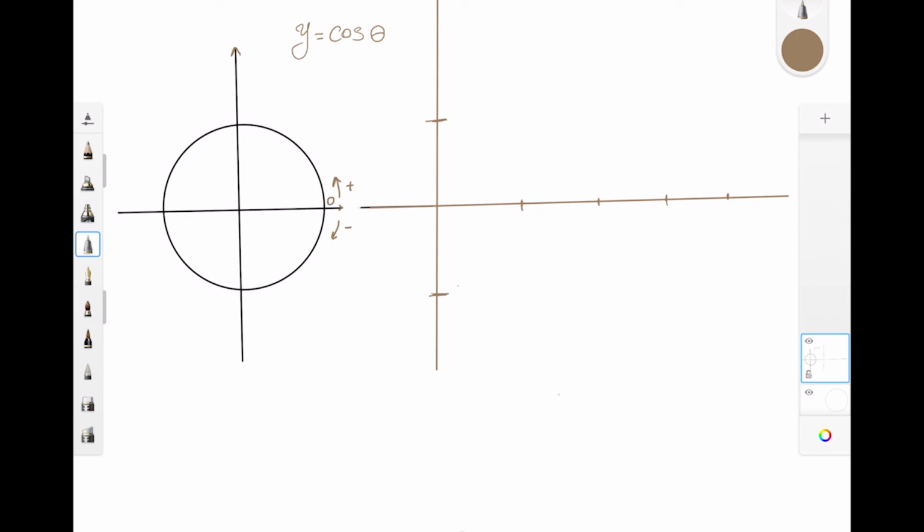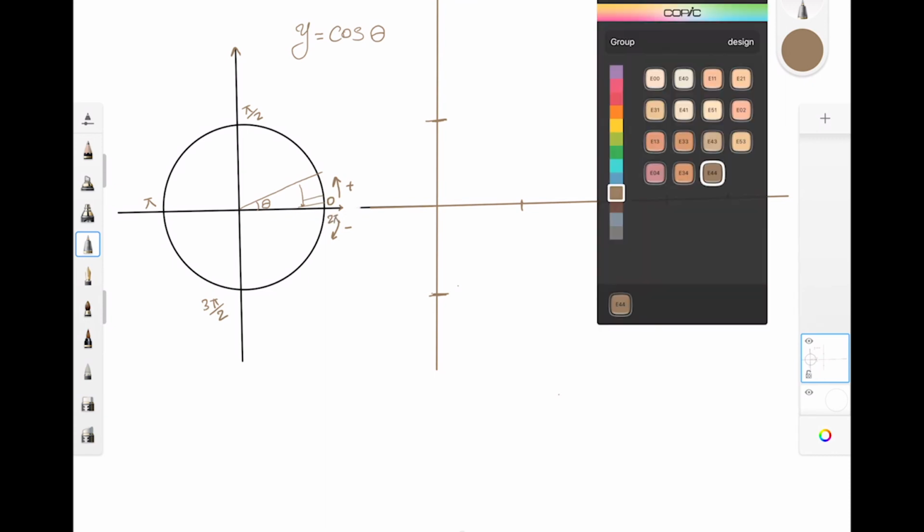We have 0 here. If this is theta, theta starts from 0 and gets bigger, gets to 90 degrees, to 180, to 3 pi half or 270, and 2 pi.